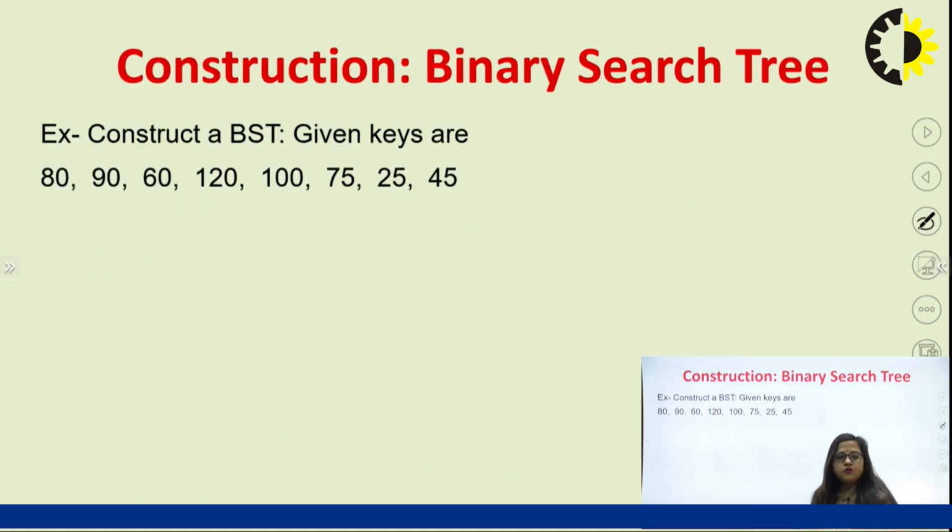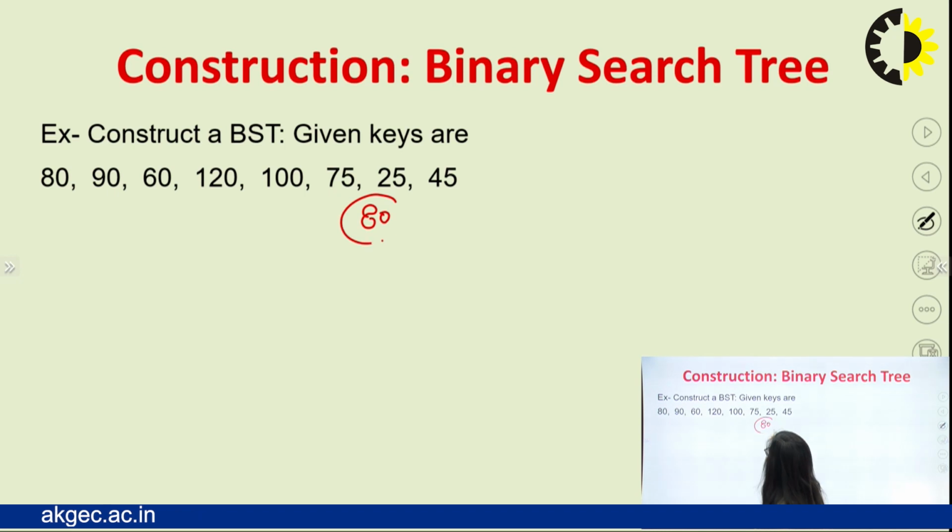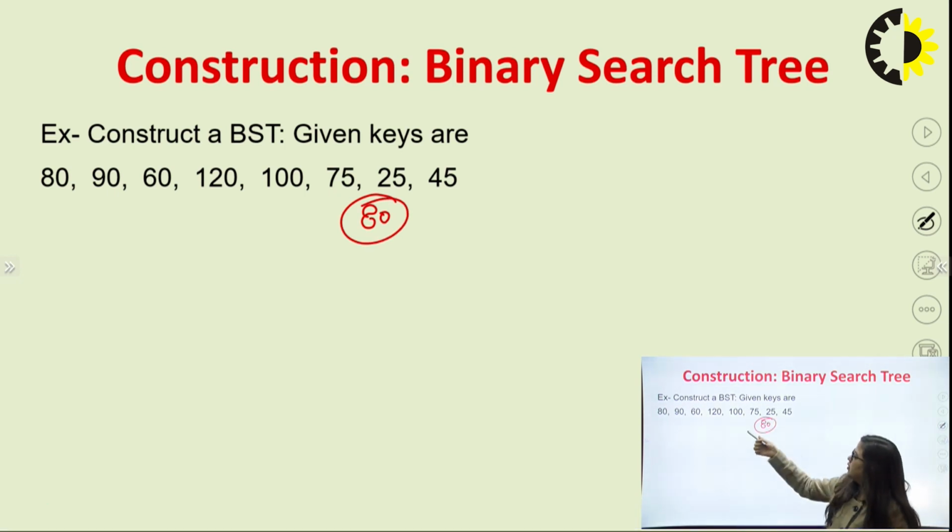So first of all, how do we construct a BST? The first condition is that all of the left subtree is less than the node and all of the right subtree is greater than the node. First of all we take the first element, that is 80. Now insert each element given in this question one by one and check the BST property.